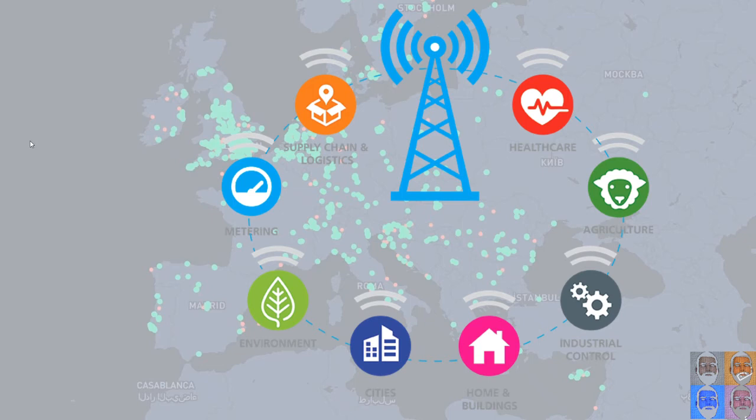This is, for example, healthcare, agriculture, the industrial sector, different data from homes and buildings, like heating costs between cities, let's say traffic lights, supply chain and logistics in companies, etc., etc. So this is used for a lot of sectors, and this technology allows communicating much farther than with a basic usual antenna.